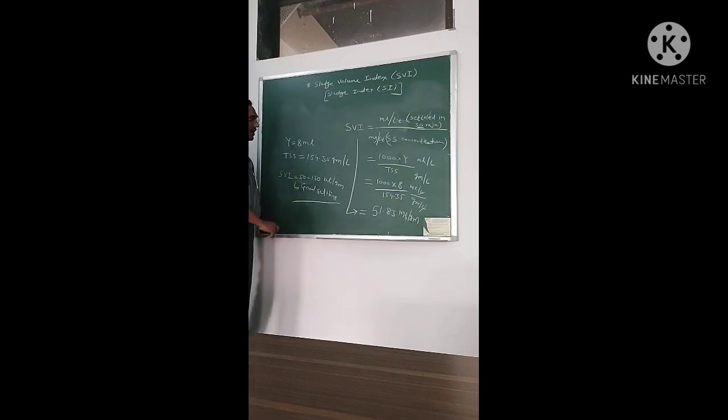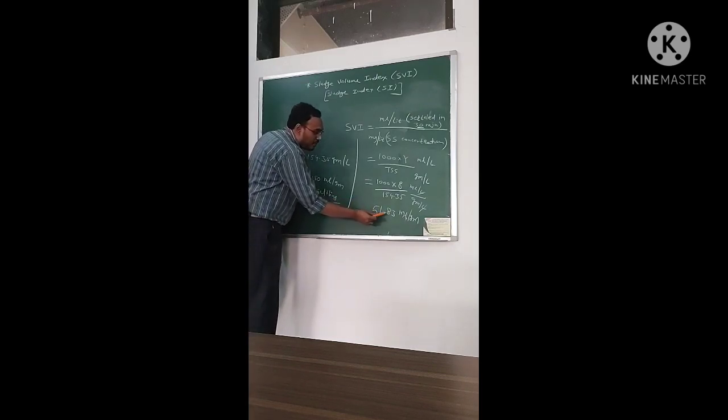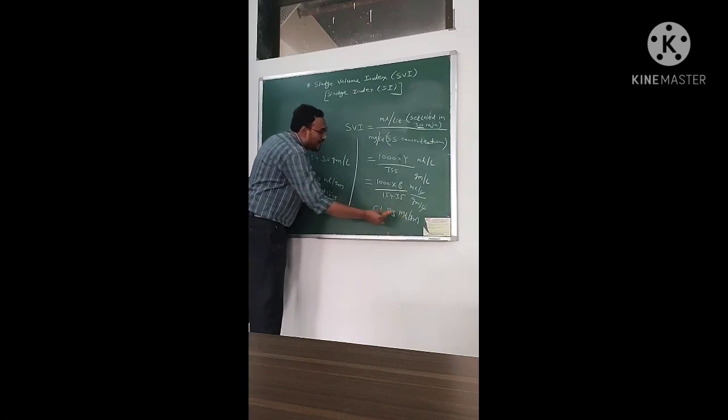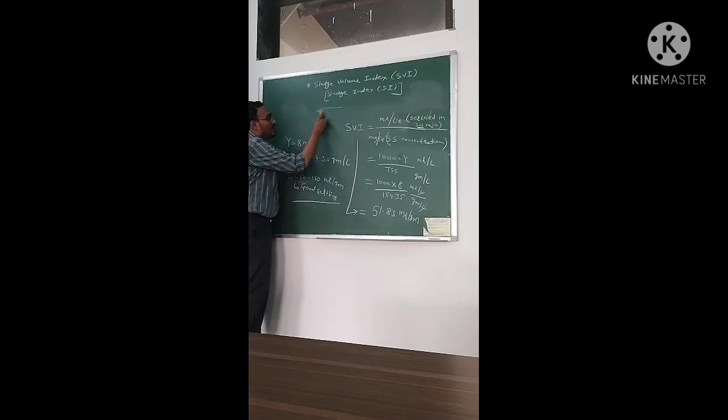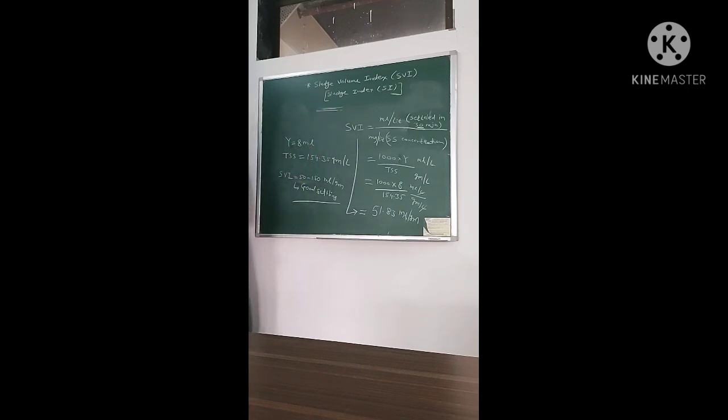And here we have obtained our value as 51.83 ml per gram SVI value. That means in the secondary settling tank a good settling of activated sludge will occur. So that is our aim of SVI.